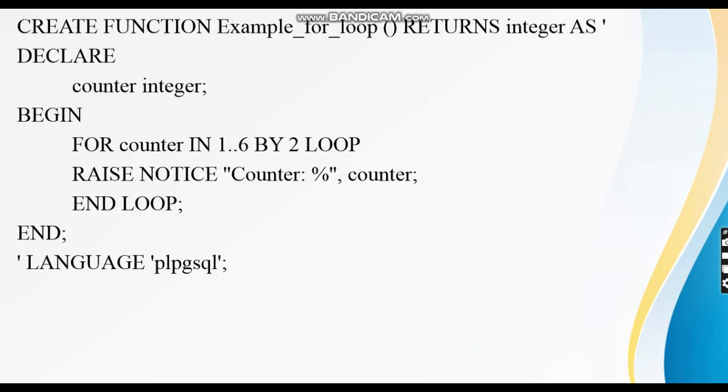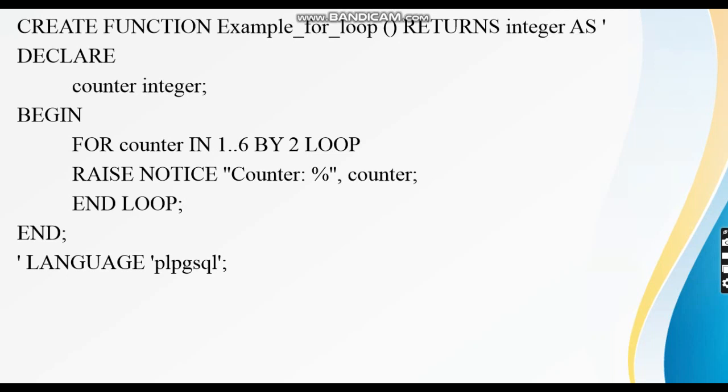Okay, this is the example of the for loop, right? So here you can see I have taken an integer variable counter, for counter in 1 to 6 by 2 loop. Here the by clause is specified as 2. What will be the iteration step?